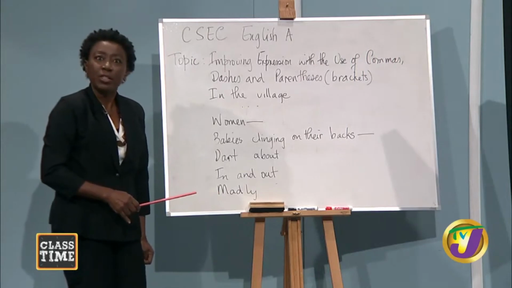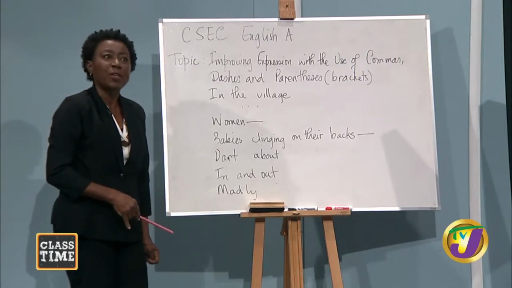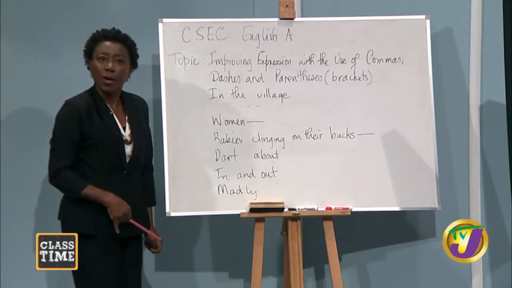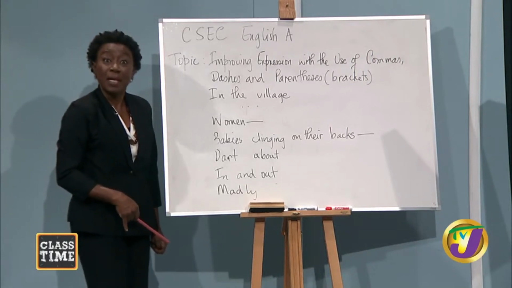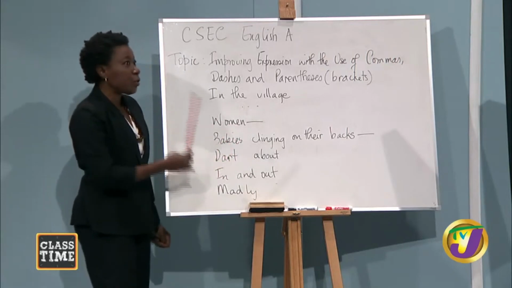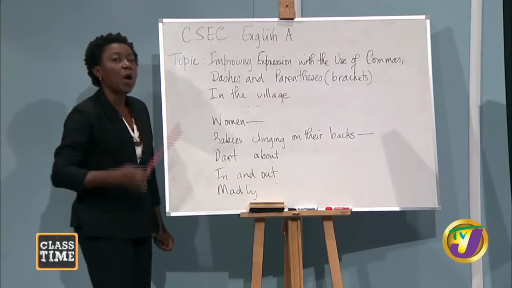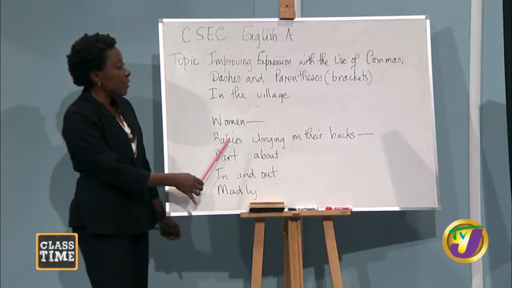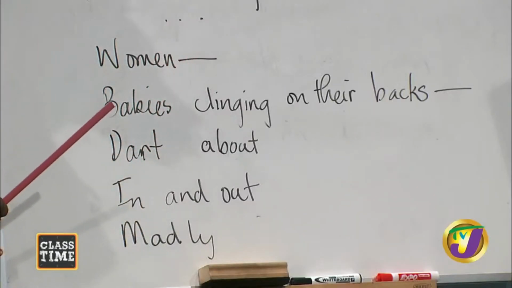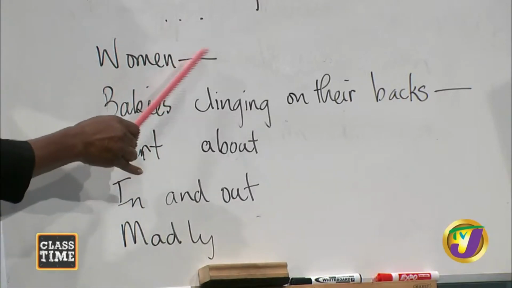And you know, in that culture, it's quite common for women to carry babies on their backs so that they can work and nurse the baby at the same time. You know, multitasking. So he wants you to get a better picture of what is happening. So he has inserted a parenthesis in the verse using dashes this time.